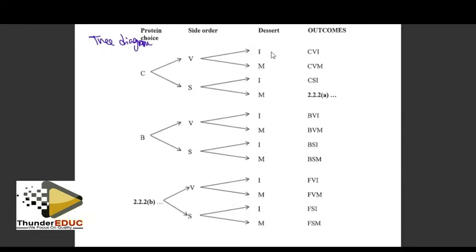We don't have roots. I think the roots would be these numbers that we see here. Anyway, look at this. As you see the diagram, the tree diagram, this represents the first chance, the second chance.